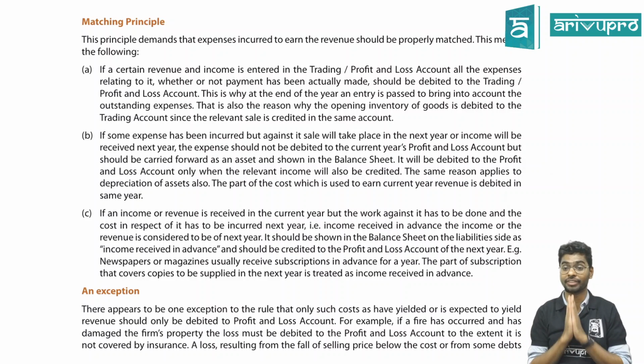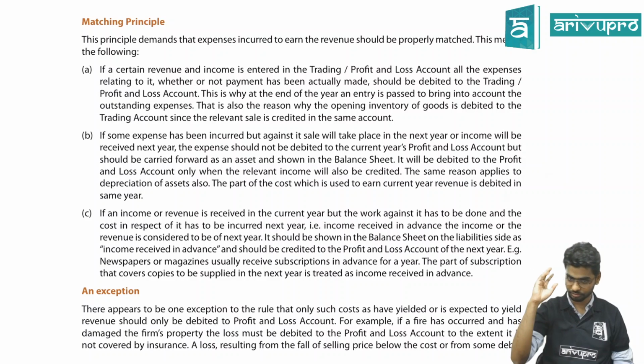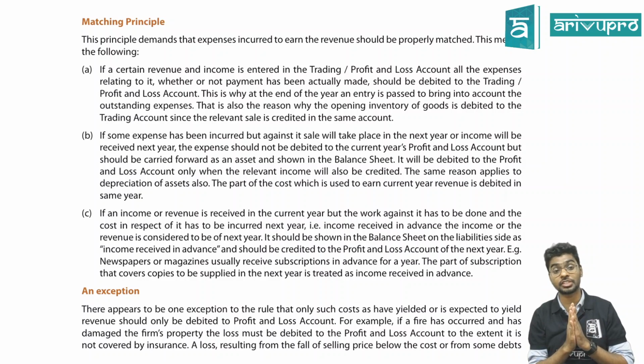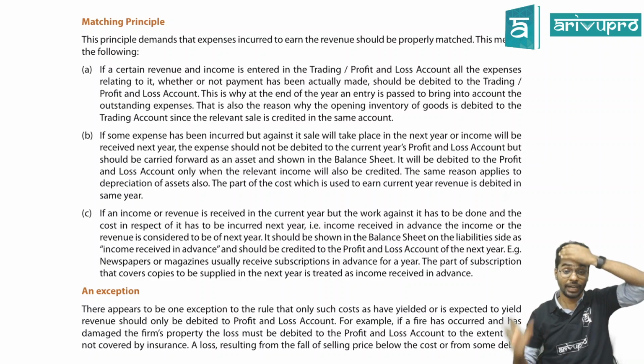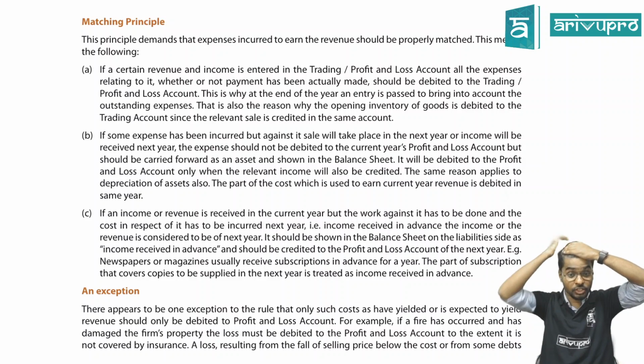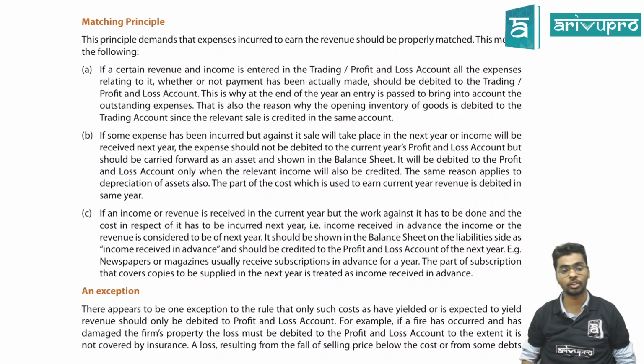Please remember, when I talk profit and loss account, it should only have what? Income of that year, expense of that year. Anything which does not belong to that year, throw out. You do add, you do subtract, do anything, but you have to make sure that it does not reflect in your profit and loss account. Balance sheet, let it find out whatever you want, but don't bring it to my P&L account.